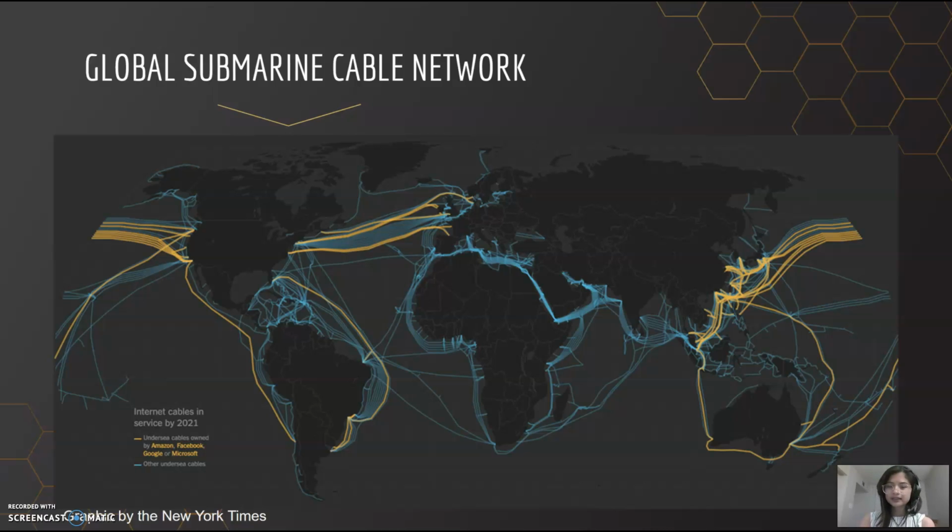And yeah, so using these cables, signals are able to be transmitted from one data center to another. Data centers that are owned by Google and Amazon, as I said before. And all of that happens within a fraction of a second.